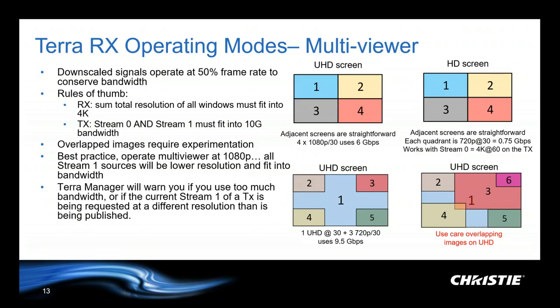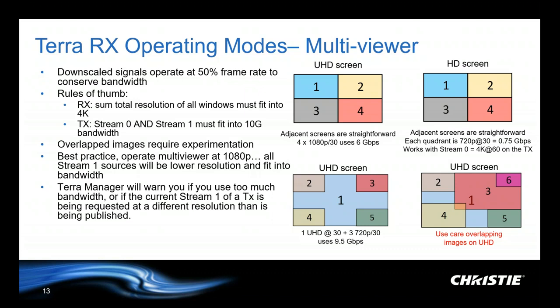However, if the multi-view screen is HD, so the output of the receiver is HD, then obviously, in a quad split, those windows are going to be physically a lot smaller. They're going to be 720p at 30 frames a second. Now, 720p at 30 frames a second takes up about 0.75 gigabytes.